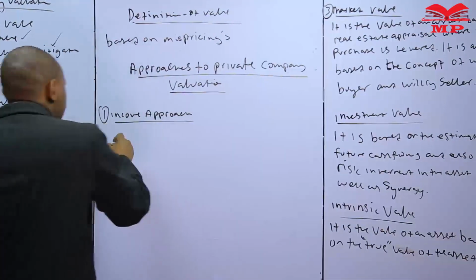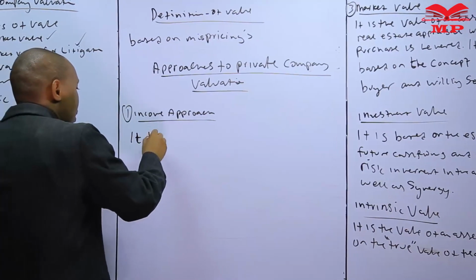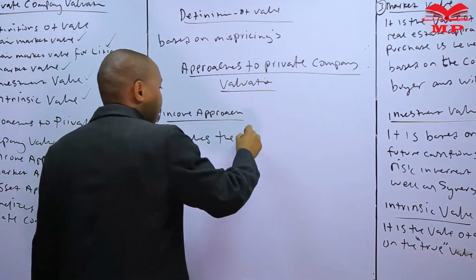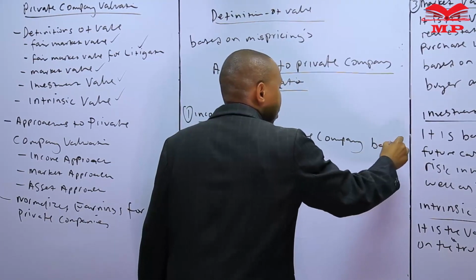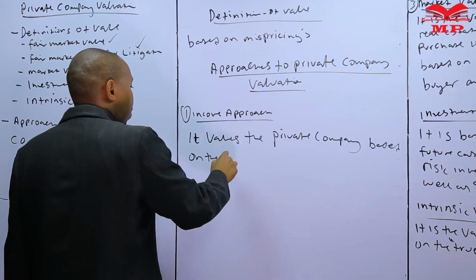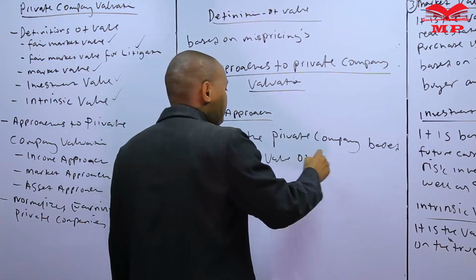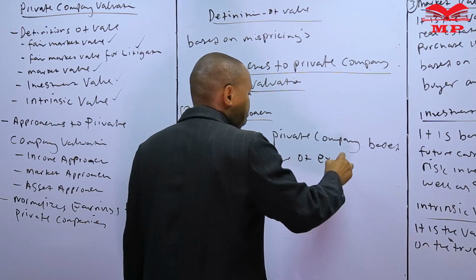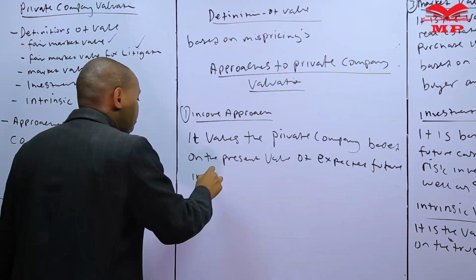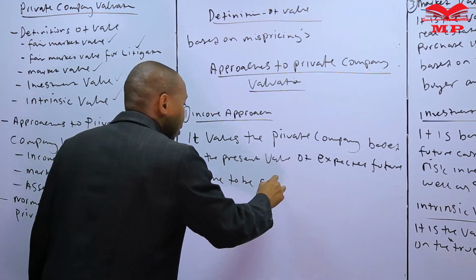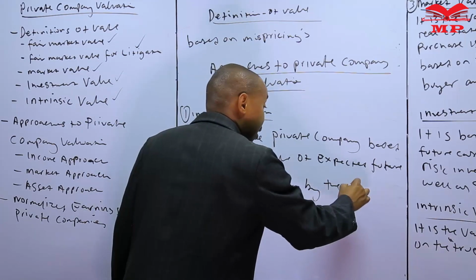So it values the private company based on the present value of expected future income to be received by the private company.